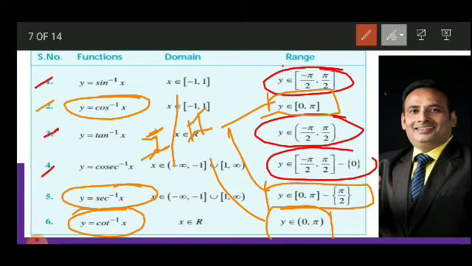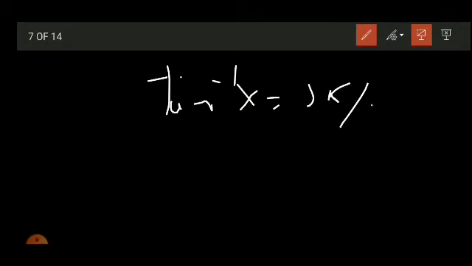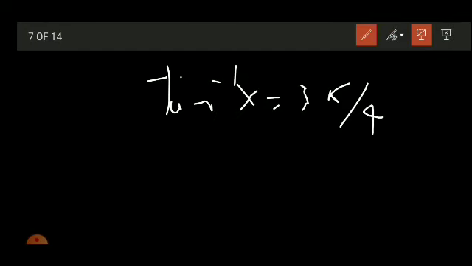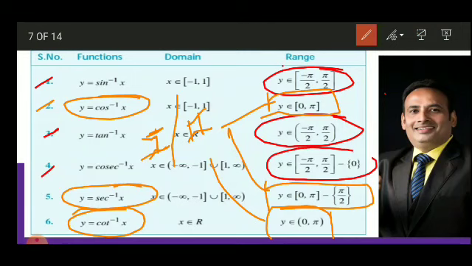So if we say tan inverse x equals 3 pi by 4, or 5 pi by 4, then x belongs to no solution, phi. So here we conclude that no inverse trigonometric function shares the third quadrant.